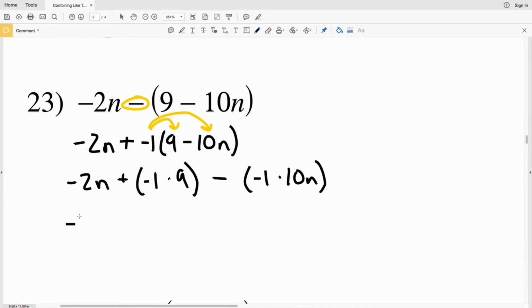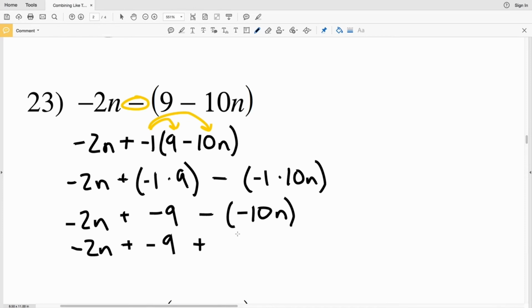This is going to leave us with negative 2n plus a negative 9 minus negative times a positive will be a negative. So that will be negative 10n. When we subtract a negative, we're adding a positive. So negative 2n plus negative 9 plus a positive 10n.